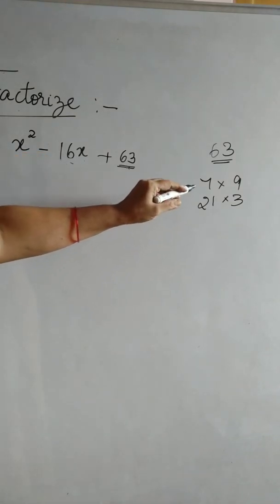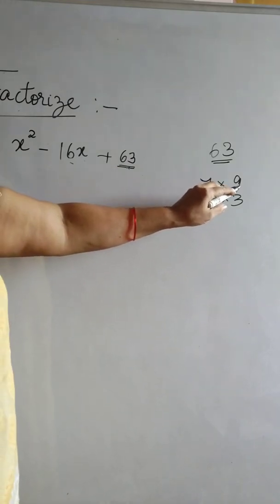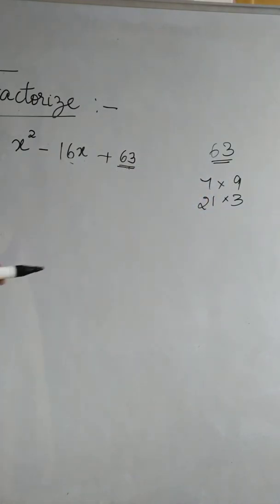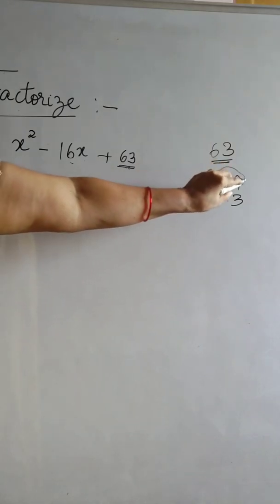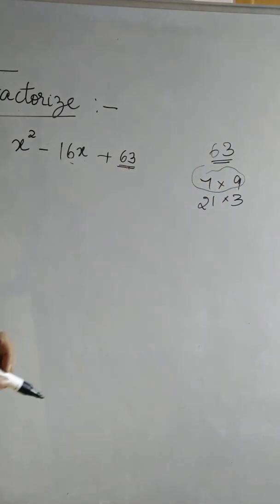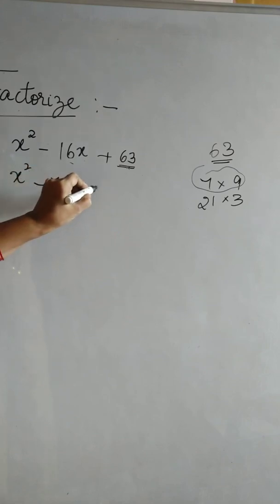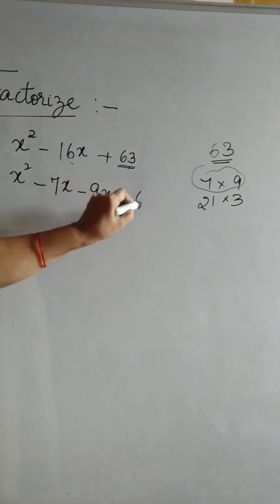So what are the proper factors which when we add we get 16? 7 plus 9 if we consider, we get 16. So we take here 7 into 9. So x square minus 7x minus 9x plus 63.